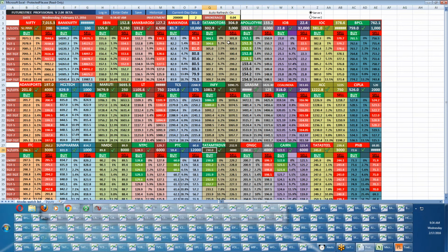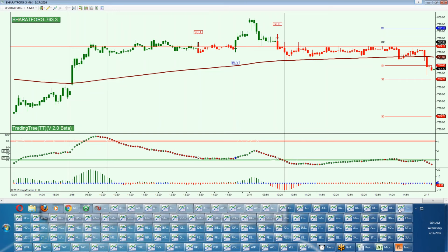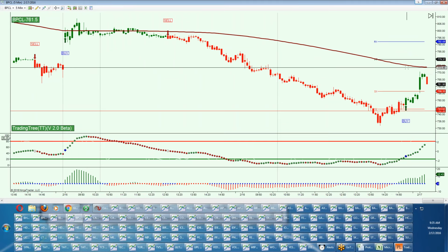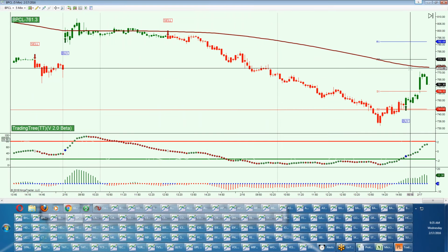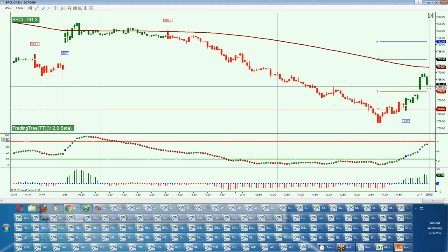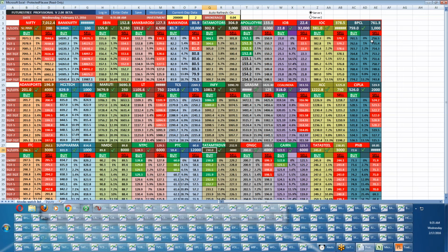So let's check what's going to happen with BPCL. It was a gap up open. So that's it. It could not break this resistance here. So it's coming down. So let's see what's the sell side entry for BPCL. BPCL 756 is your sell entry.